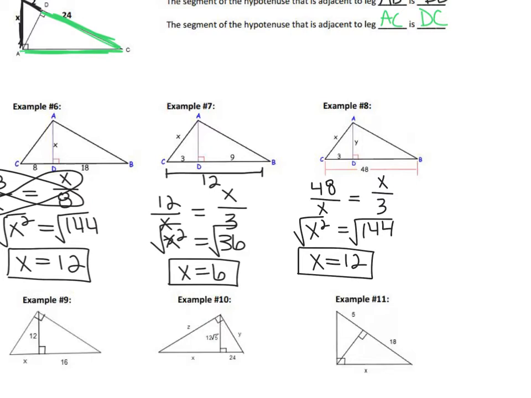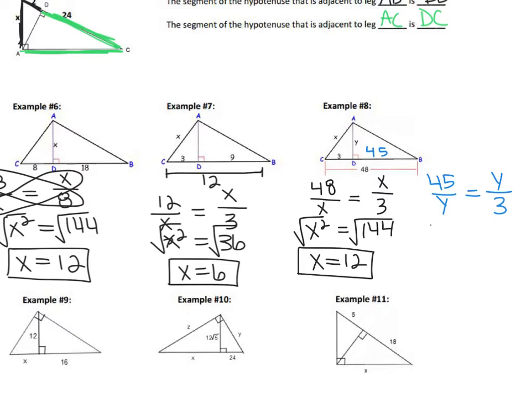Now, in order to find y, we use the first formula we talked about having to do with the geometric mean involving the altitude, which means we need the lengths of both segments. So if the entire hypotenuse is 48, and one of the segments has a length of 3, the second segment has a length of 45. So when we set up our second geometric mean, we're going to have 45 over y equals y over 3, which is our second segment.